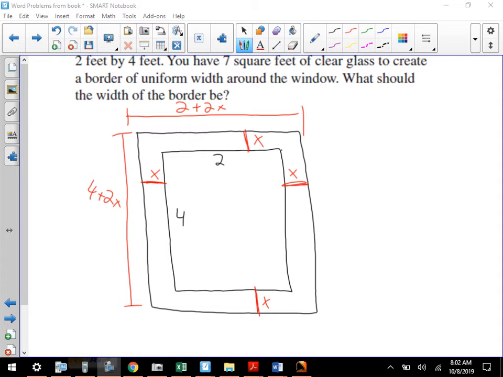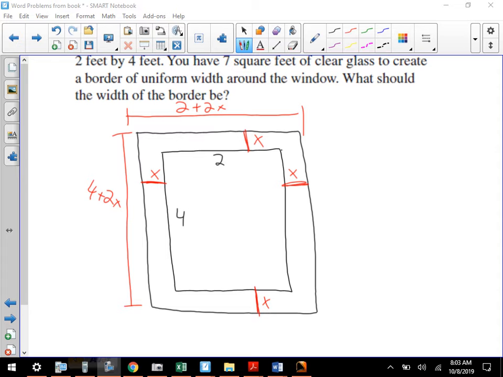So from here to the edge is 4 feet. I moved over X amount and the same X amount. Isn't that 4 plus 2x? I move over to the left X amount, so now it's 4 plus X. I move over the same X amount, so 4 plus X plus X, otherwise known as 2X.